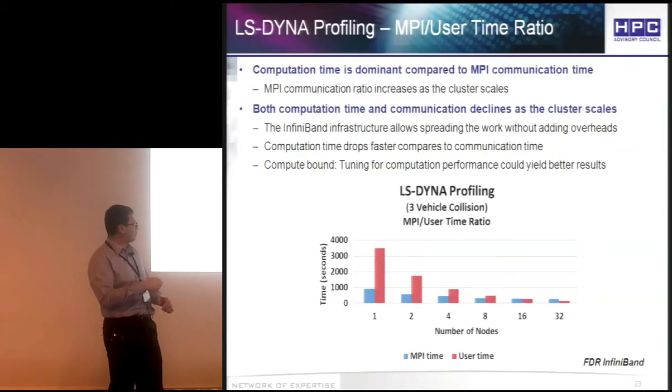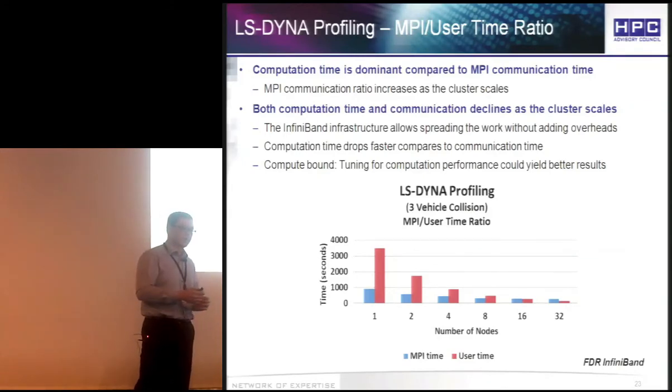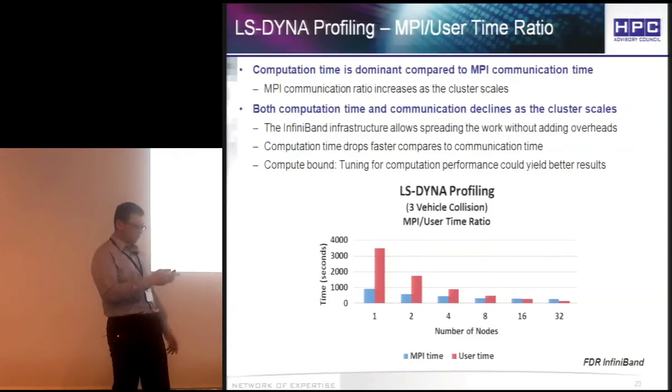The MPI time would drop a little bit, but stay pretty much flat. So as you have more and more systems in the cluster, it improves the time spent on computation. This is no surprise, but it was good to point out.